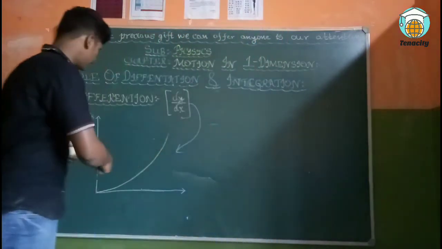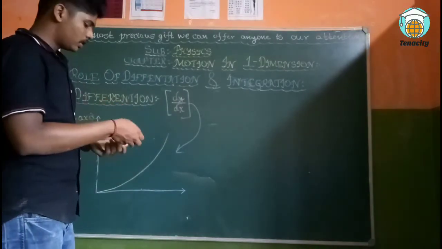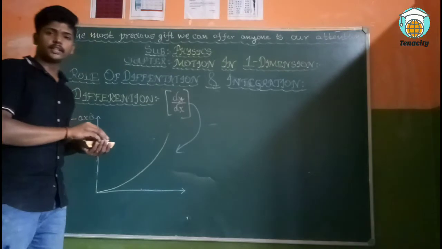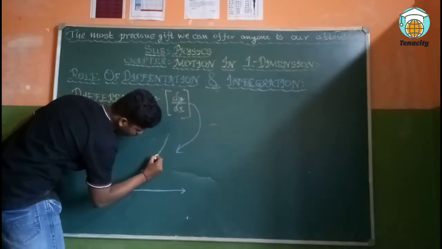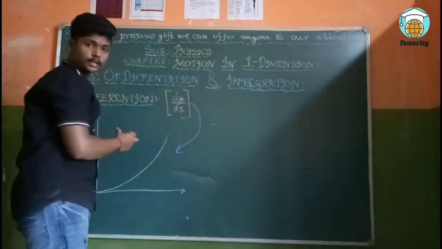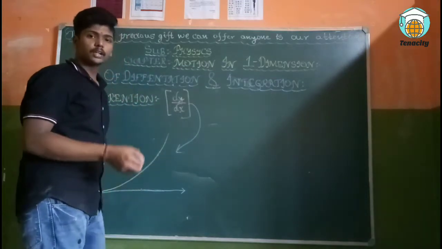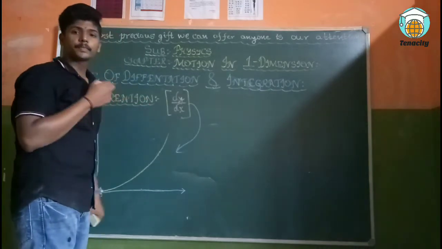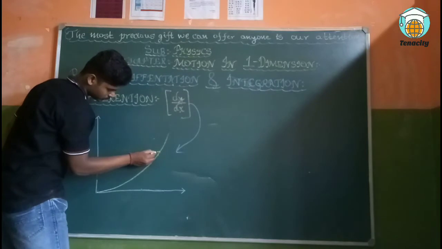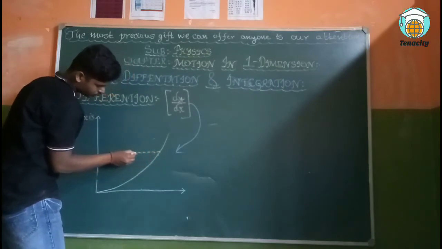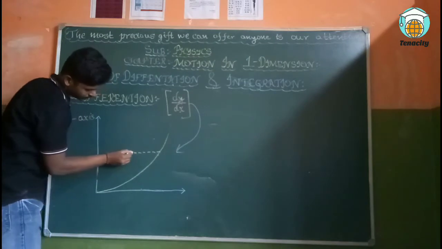But when a curve is given like this, how will you find the slope? For that you have to consider a very small interval, so that when you zoom in, it looks like a straight line. You plot that to the corresponding axis.